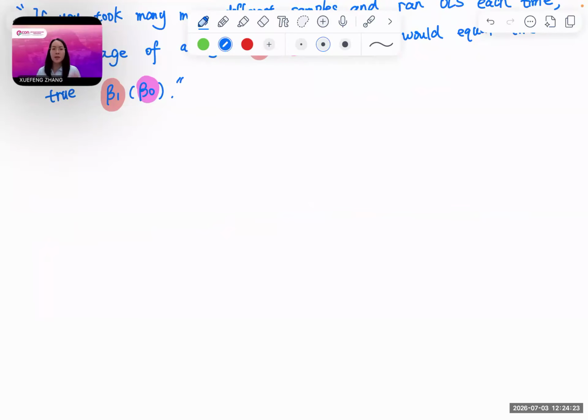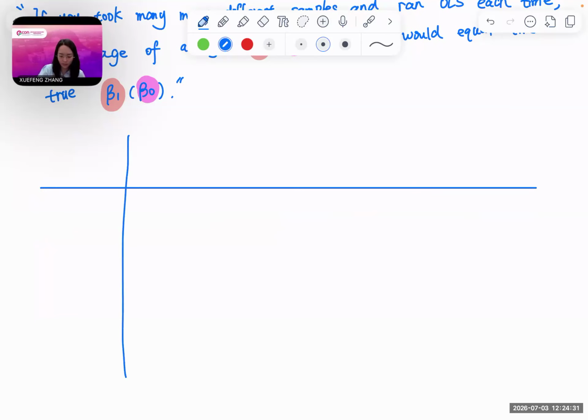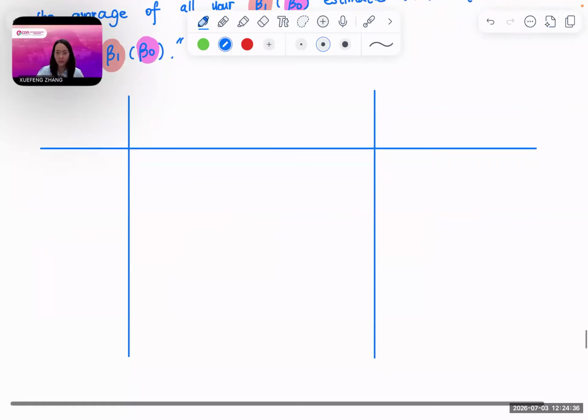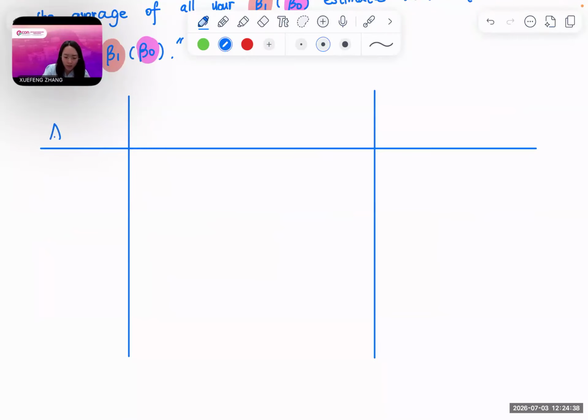Let me help you summarize the 4 assumptions, okay? Assumption SLR.1. What does it mean? What is the name of assumption 1? Linear in parameters. Okay.